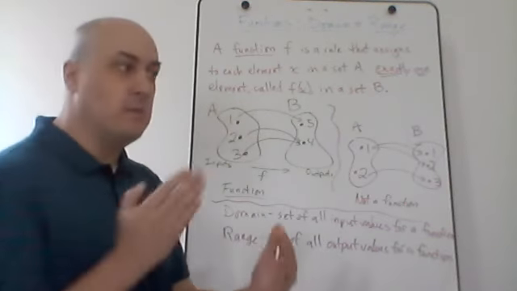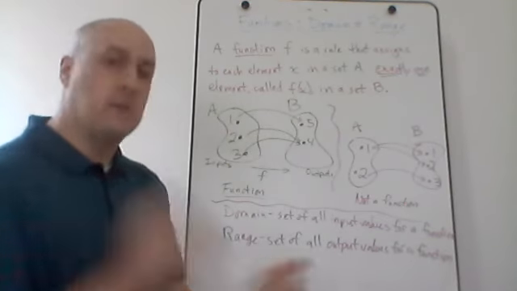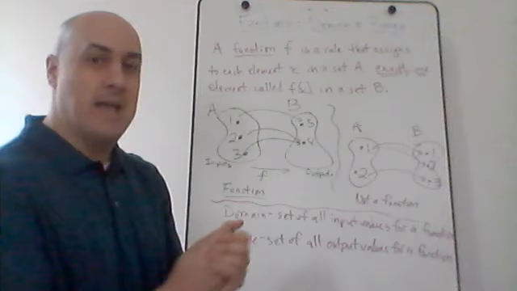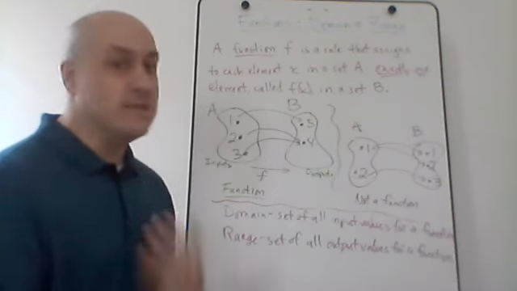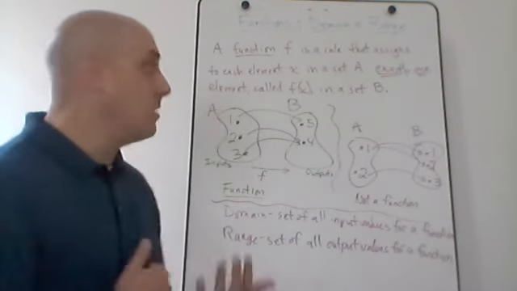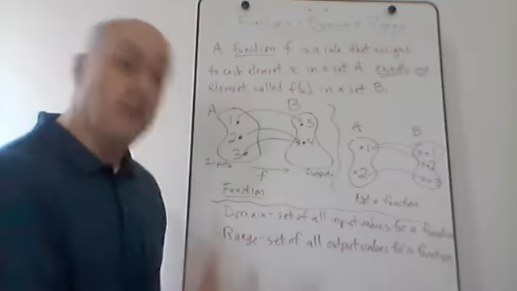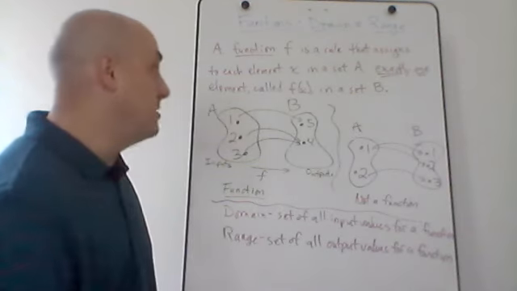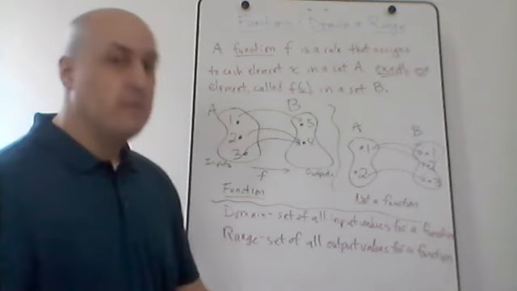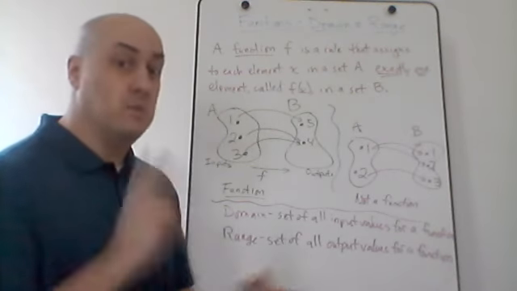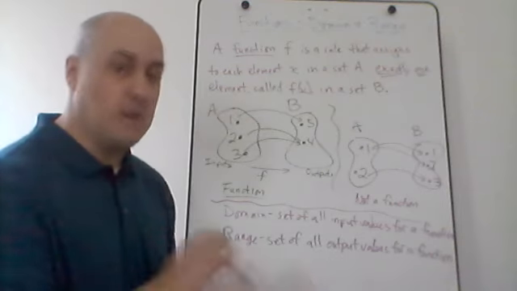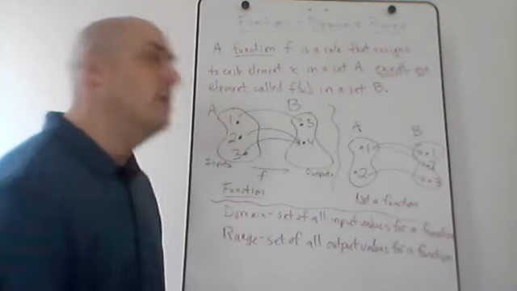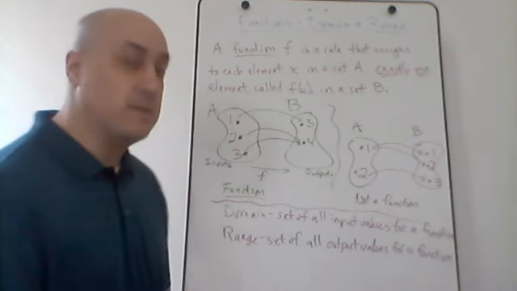So if I put a number into my rule, and 2 numbers can come out, or 3 or 4 different numbers come out of it, then it's not a function. It's still a mathematical rule, it's just not a function, so it doesn't fit that definition. For a function, one number goes in, one number comes out. If one number goes in and more than one number comes out, it's not a function. So that's the little technical thing that makes something a function.